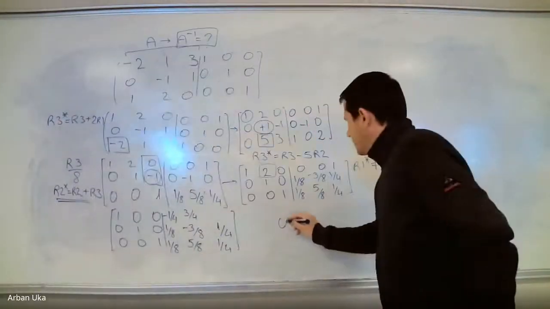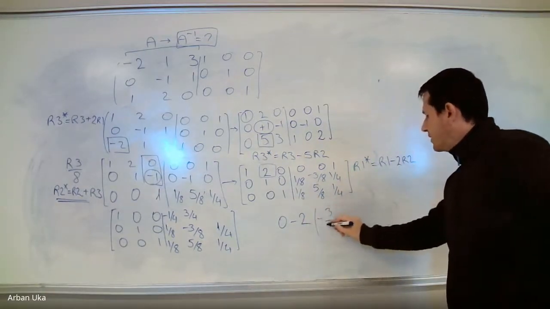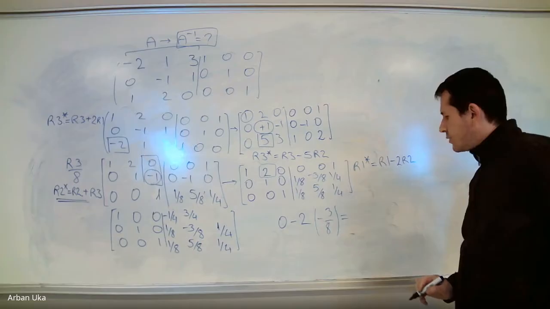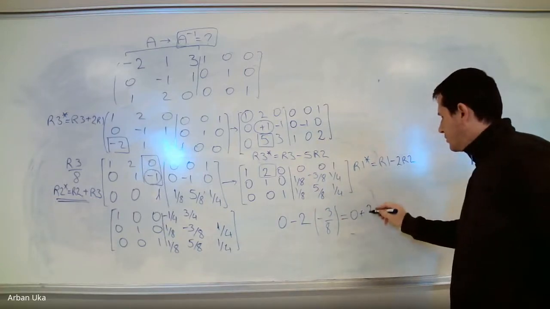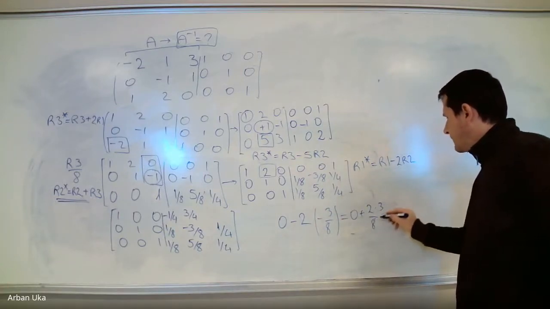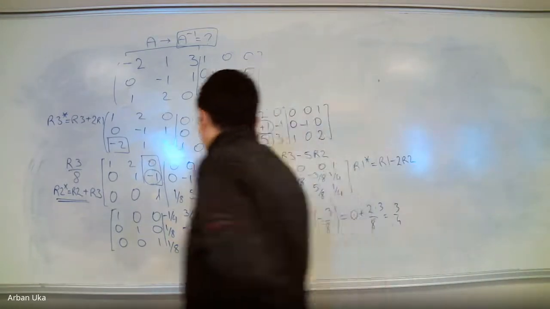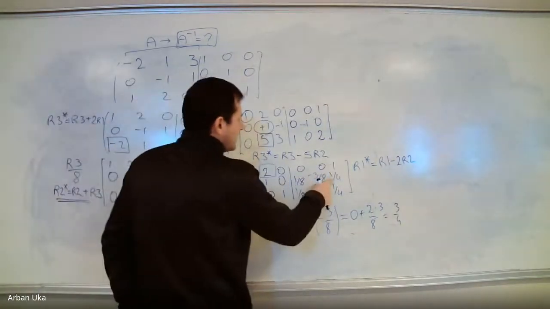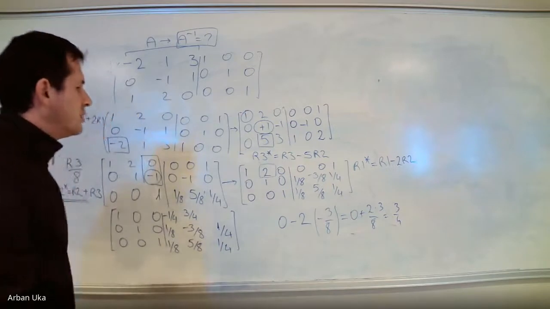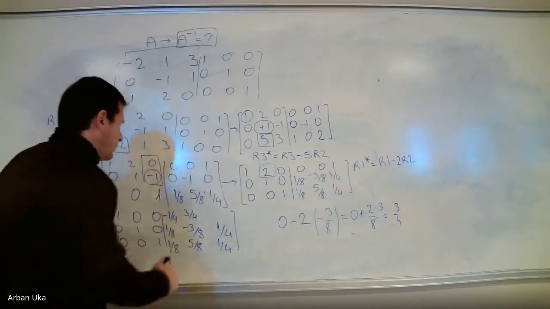This is 0 minus 2 times minus 3 over 8, okay? Yeah, I thought it was minus 1. Very good, okay. So this becomes 0 plus 2 times 3 over 8. So you get 3 over 4. And then we have 1 minus 2 times 1 over 4. That's 1 minus a half. So we get a half, 1 over 2.